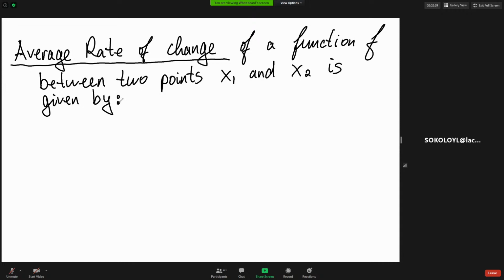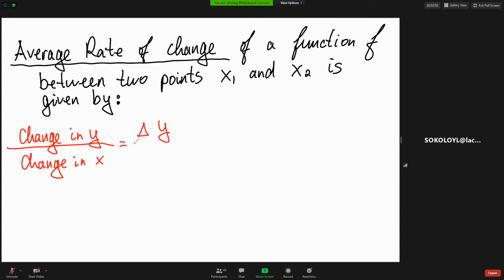So this is in general for any function, not just for linear function, but for any function f. The average rate of change is defined as change in y over change in x. The symbol for change is delta. So delta y over delta x, triangle basically, is delta.